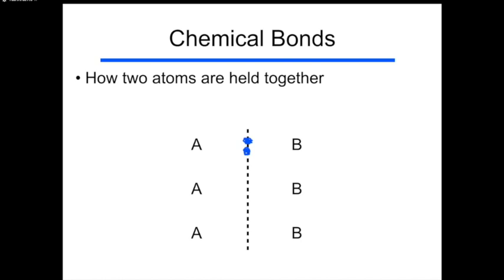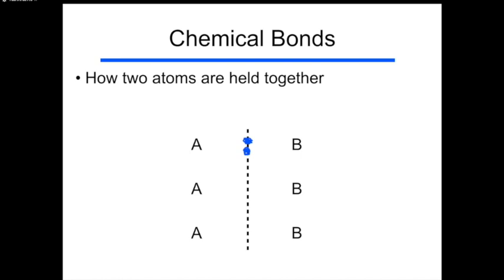Both atoms try to attract these electrons, and so they're both attracting. Another way to think about it is both are holding on to the electrons, but in this case, neither one is strong enough to take the electron away. But because B is holding on to one side and A is holding on to one side, they are bound together.